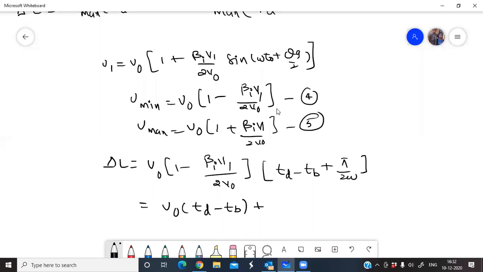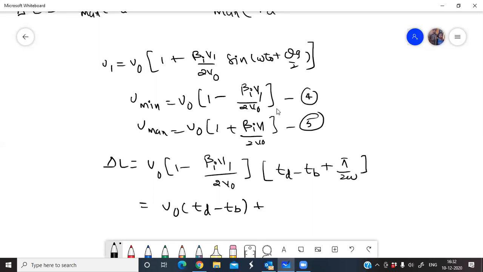So I am writing the equation directly. There is no difficulty in writing this answer. If there is any difficulty, definitely I will give the conditions. Simply by multiplying, you will get the answer. That's why I want to write the direct answer.